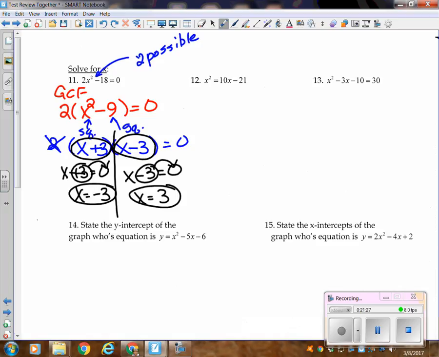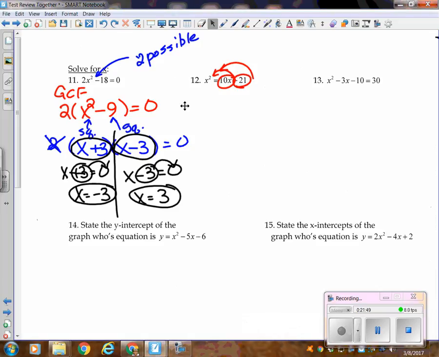Okay, the first thing that you're supposed to do is to make this say equals 0. Number 12 does not say equals 0. So I'm actually going to have to do something. I'm going to have to move 10x over here, and I'm going to have to move 21 back over here. So if I bring both of those to the left-hand side, it's going to change the sign.